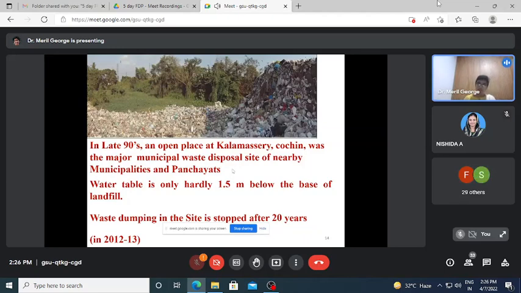Also, waste from poultry market, fish market, slaughterhouse, dairy farm, and non-infectious hospital waste was dumped here. The waste disposal was in an uncontrolled manner with respect to the frequency of deposition and quantity, and it was done without any segregation. You can see from the figure also, plastic waste was there.